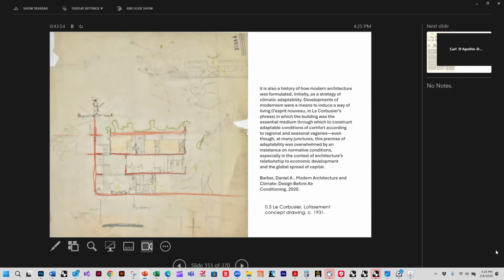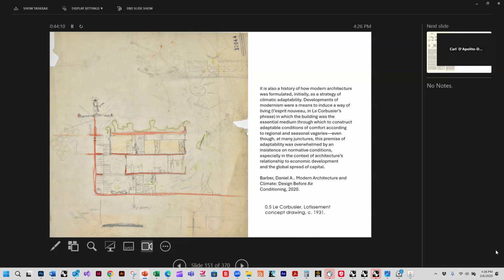But okay, then I want to get back to the bigger story. There's this book, Modern Architecture and Climate: Design Before Air Conditioning, from 2020, that also talks about this narrative.